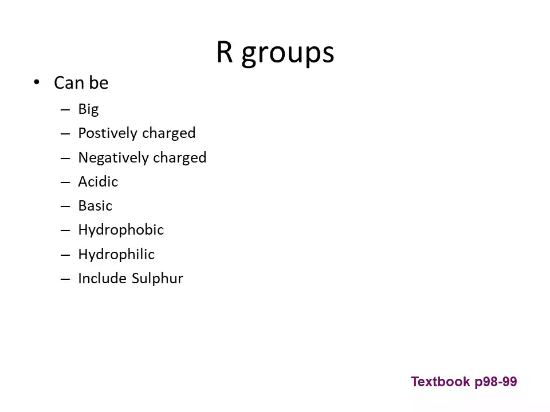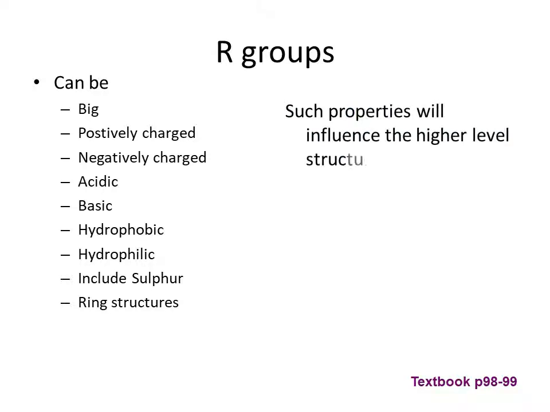They could also include sulfur, which is quite an important one because sulfur has the ability to bond with other sulfur molecules. They could include ring structures. Now, all of these properties will affect how the amino acid behaves, and therefore it will affect the protein that is constructed from them.